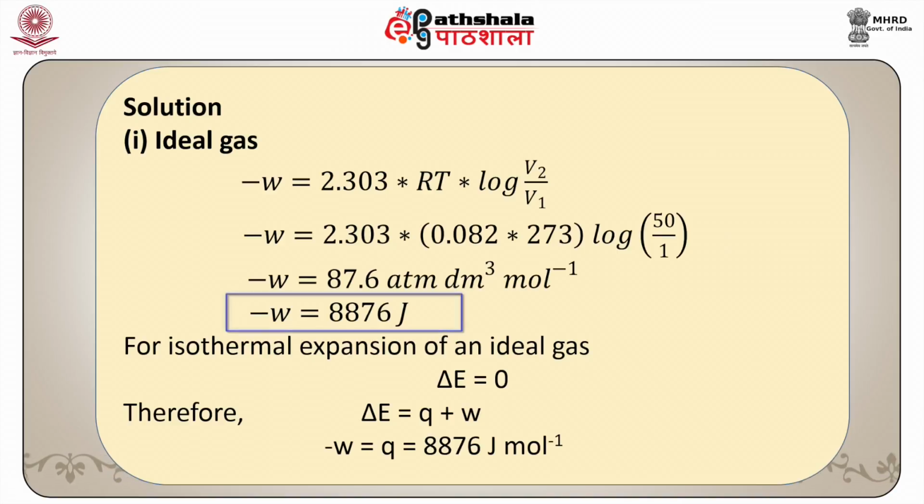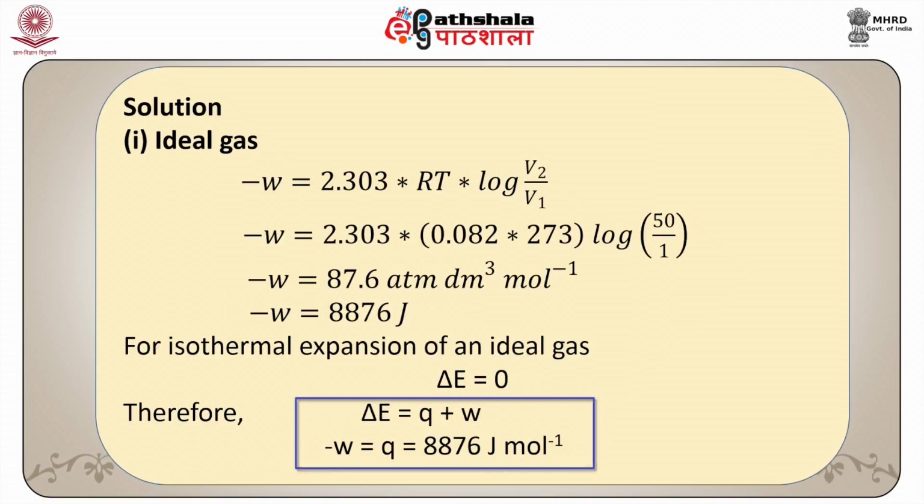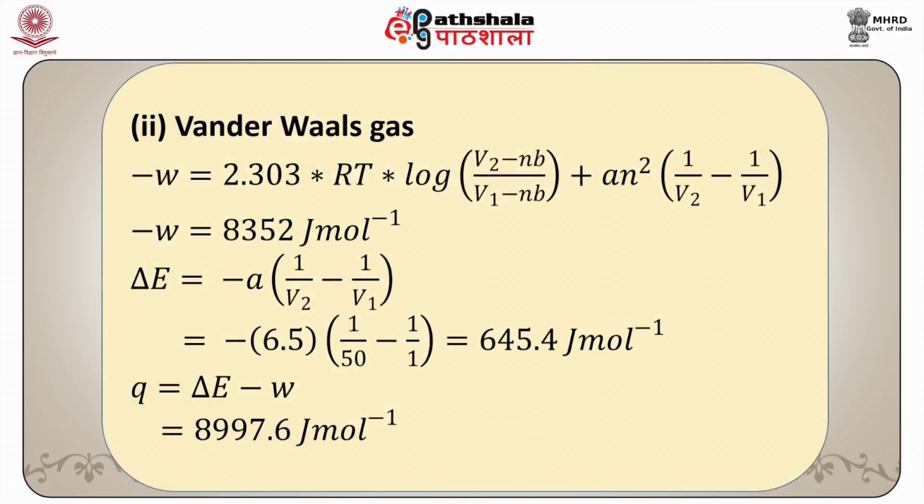Substituting the data, we get minus W is equal to 8876 joules. For isothermal expansion of an ideal gas, delta E is 0. Therefore, delta E is Q plus W, which will give minus W is equal to Q is equal to 8876 joules per mole. For van der Waals gas, if we apply the equation, we get minus W is equal to 8352 joules per mole.